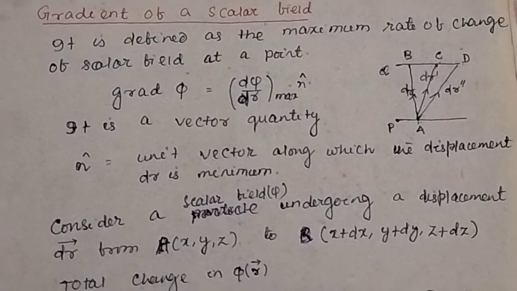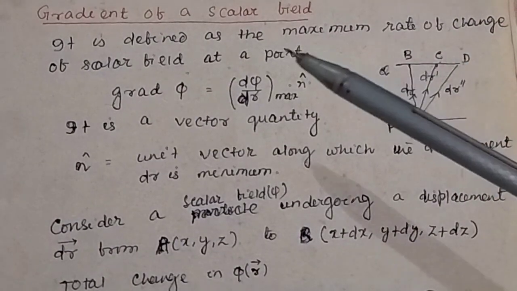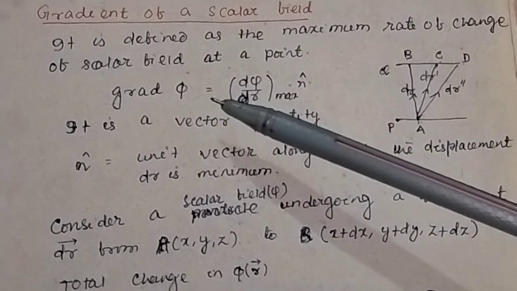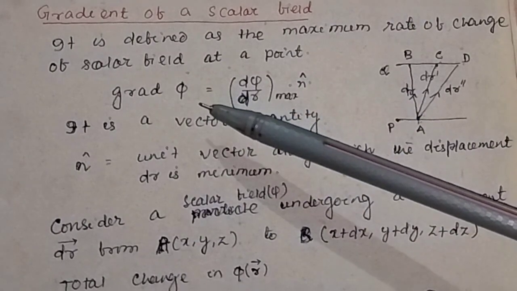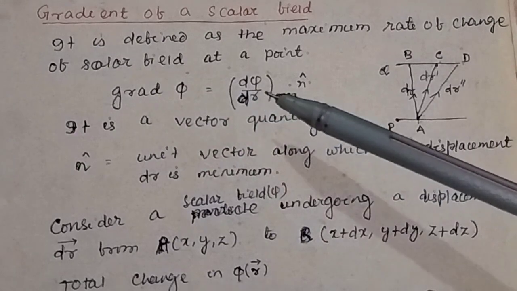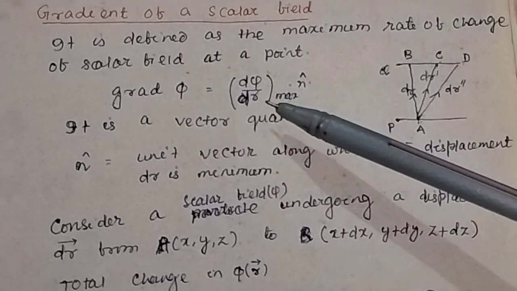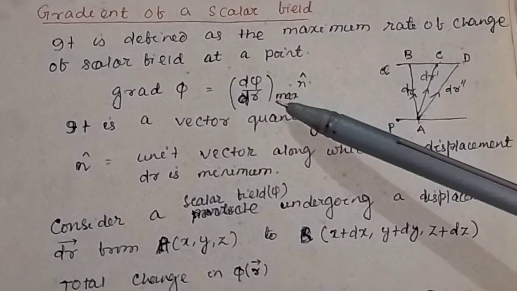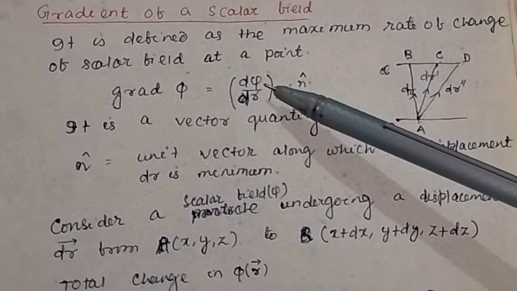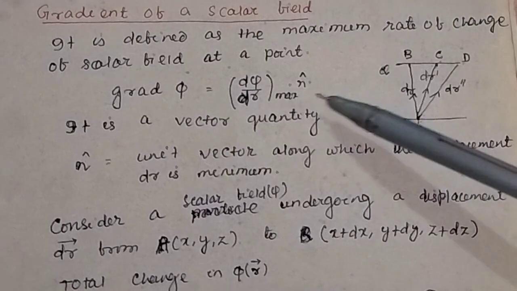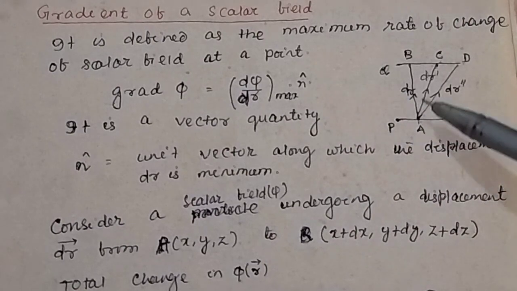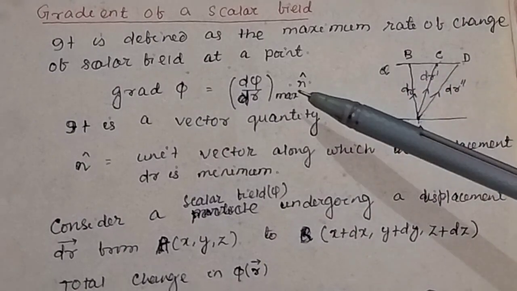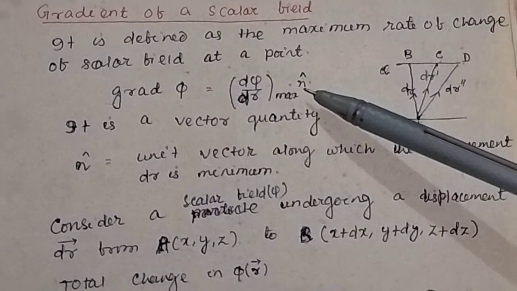The physical significance is that the gradient of a scalar field, we write it grad phi, is equal to the change of the scalar field with r, and it is maximum. That means the maximum rate of change of the scalar field at a point. And since it has a direction, you multiply by a unit vector here.